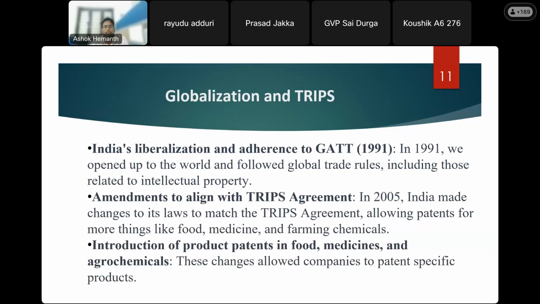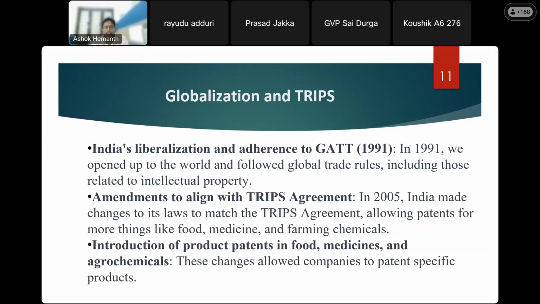Globalization and TRIPS: India's liberalization and adherence to GATT, which I already discussed during the P.V. Narasimha Rao time. Amendments to align with the TRIPS agreement, I told you what happened in 2005. TRIPS is an international agreement, and we complied with it.